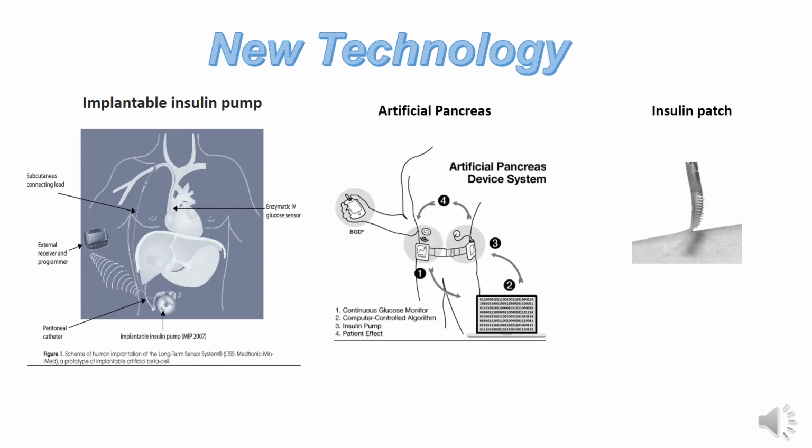So in this slide, we're going to talk about new technology that is either currently being developed or is in the first stages of being tried out. The first one is the implantable insulin pump, which functions similarly to an external pump, but it's implanted under the client's skin.